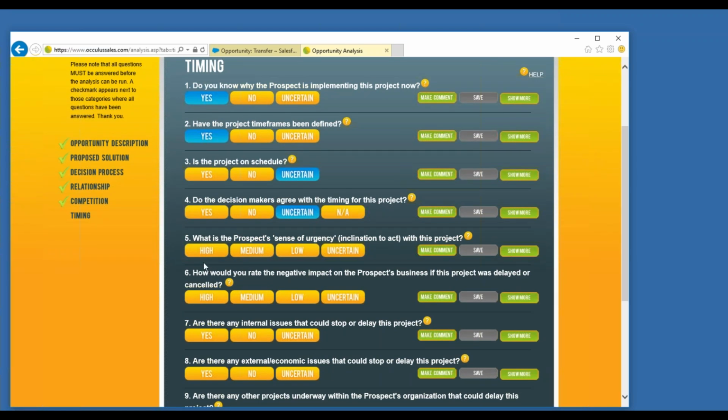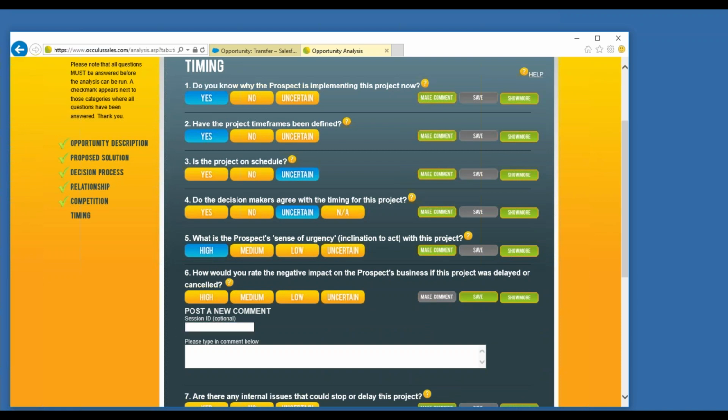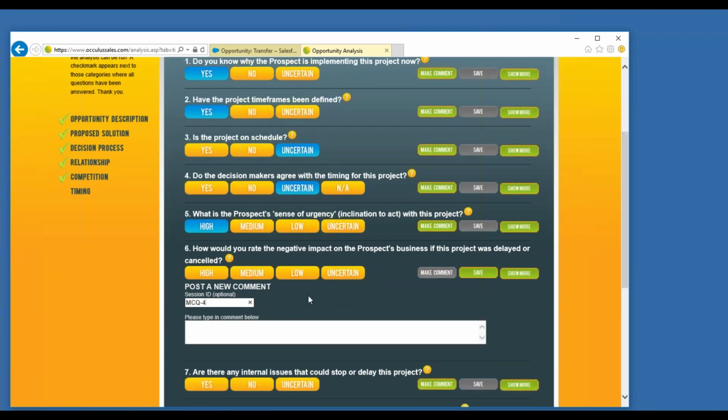And number 5, what is the prospect's sense of urgency? It's high. They say they've got to get this done. Now, number 6 is the 4th must comment question, so I'm going to put that there. And the question is, how would you rate the negative impact on the prospect's business if this project was delayed or canceled?